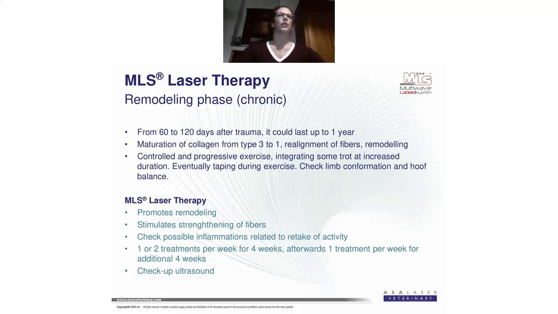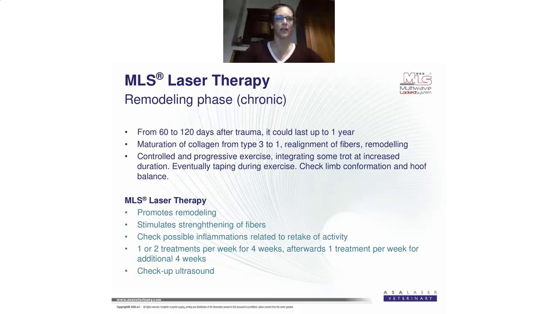Of course, controlled and progressive exercise is mandatory, so it's not possible a good healing without a good movement in protocols of rehabilitation. So we need to promote remodeling, stimulate strengthening the fibers. And it is important to check the possible inflammation related to retake of activity.